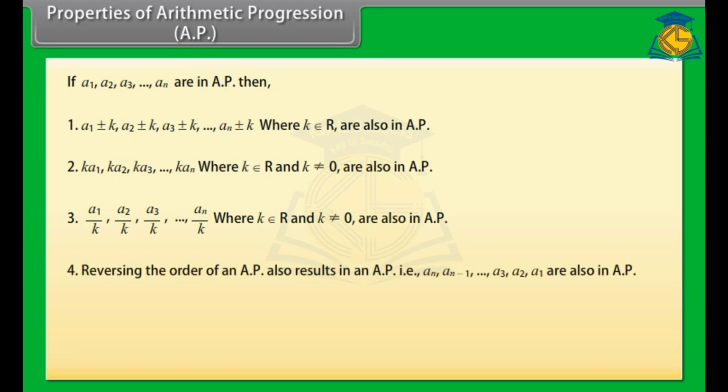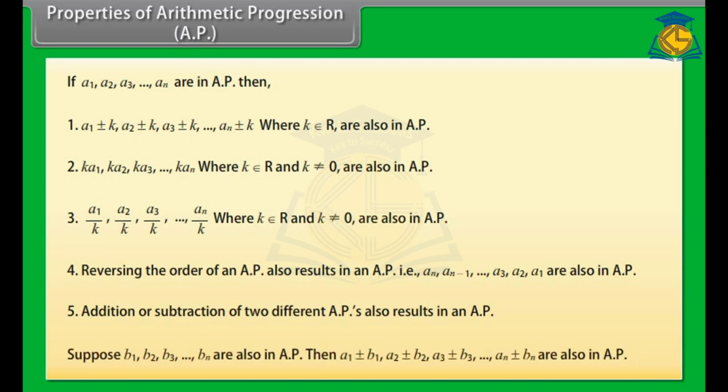Reversing the order of an AP also results in an AP, that is, an up to a3, a2, a1 are also in AP. Addition or subtraction of two different APs also results in an AP.